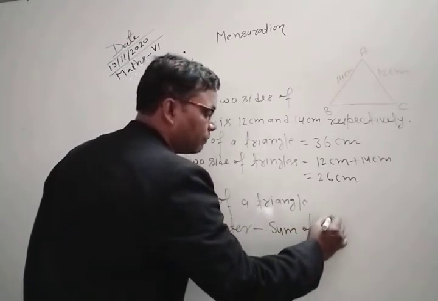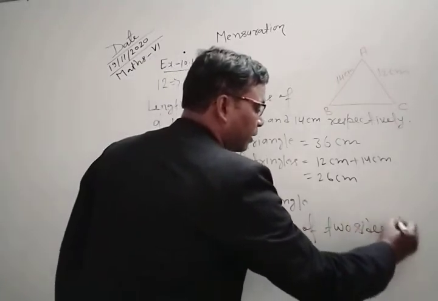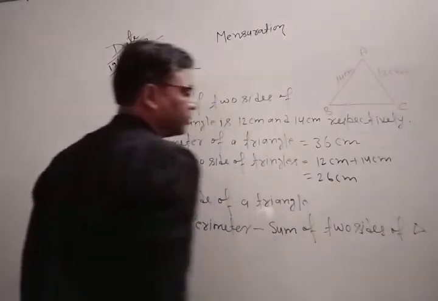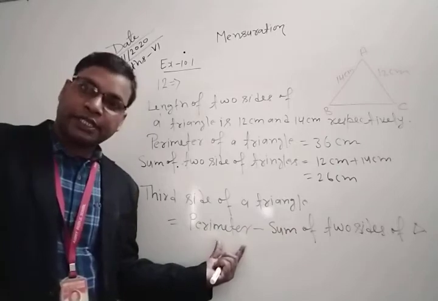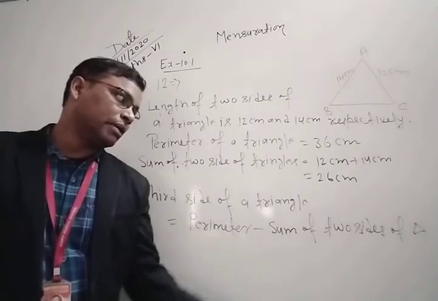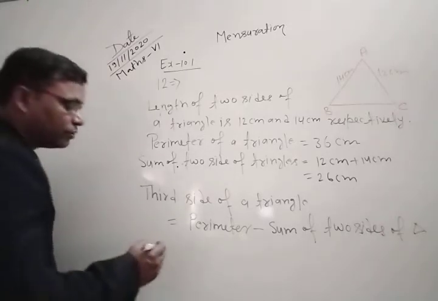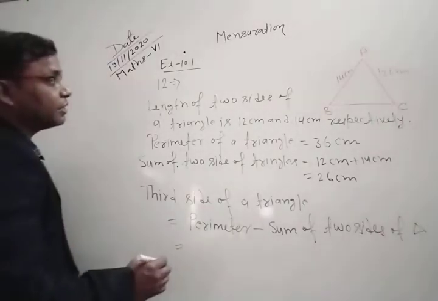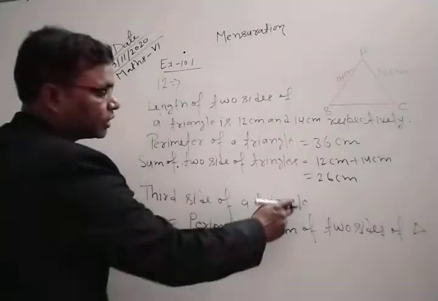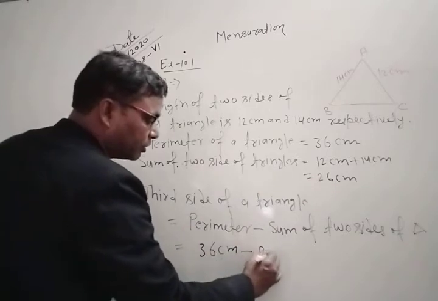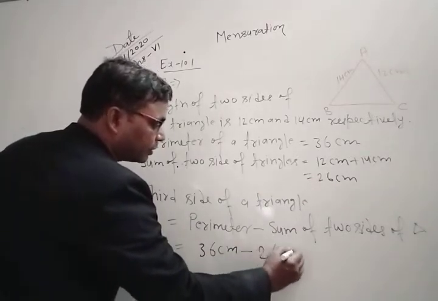Sum of two sides of the triangle. Okay. Third side of a triangle is equal to the perimeter of this triangle minus the sum of two sides of this triangle. The perimeter is given here, 36 centimeters, and the sum of two sides you find here is 26 centimeters.